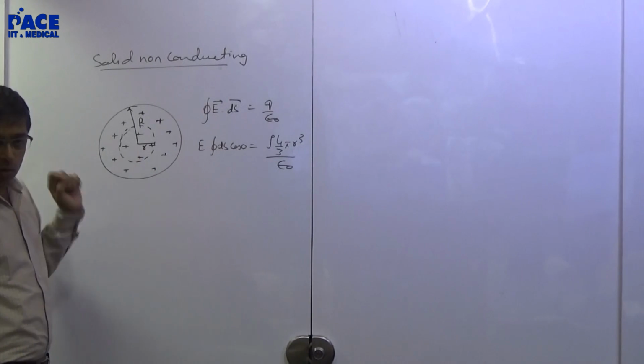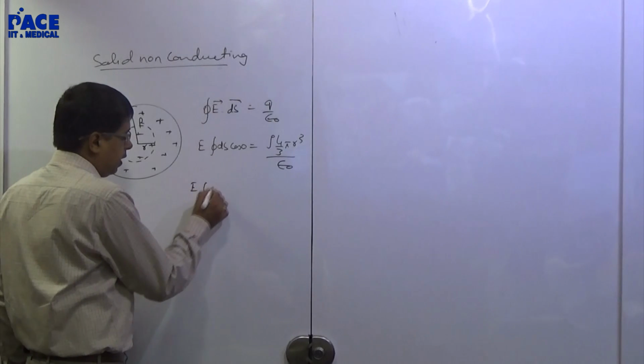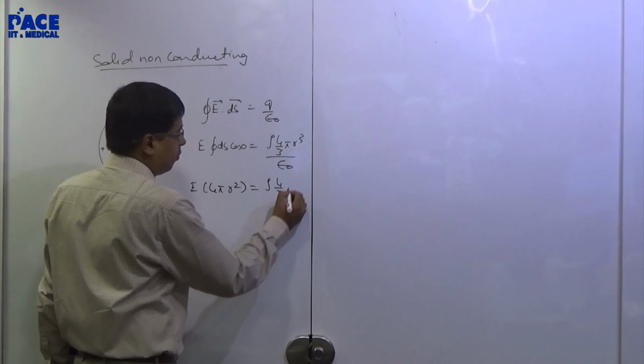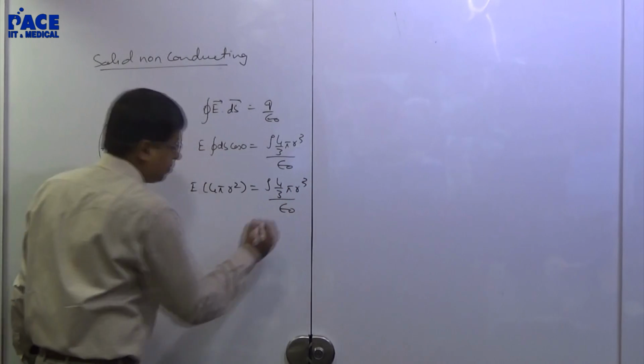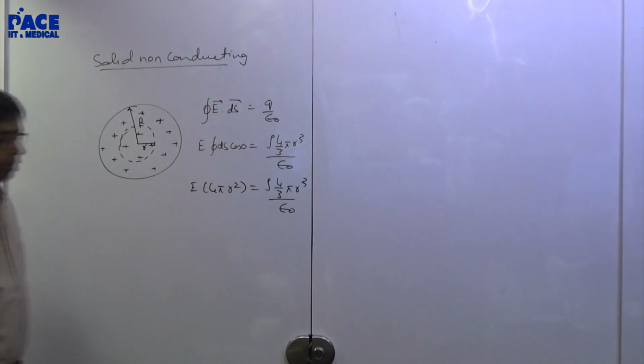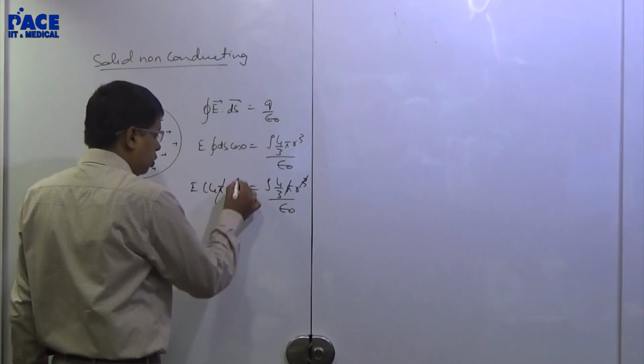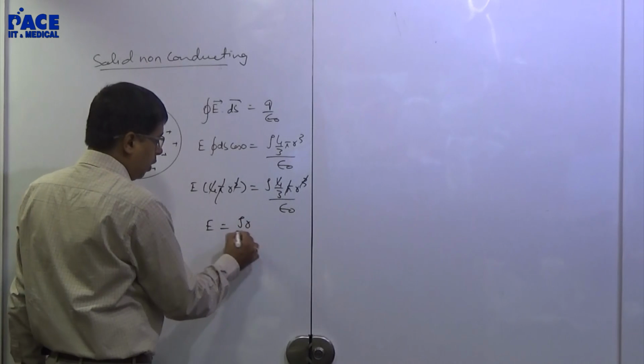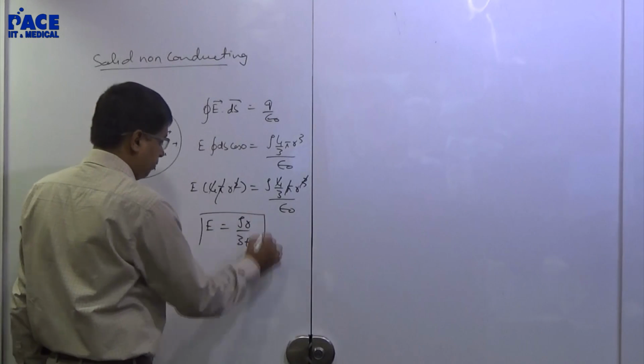That will be the charge enclosed inside. Now E into 4 pi r square is equal to rho into 4 by 3 pi r cube by epsilon naught. Right? This pi will go, this will go. E is equal to 4 will go. Rho r by 3 epsilon naught.